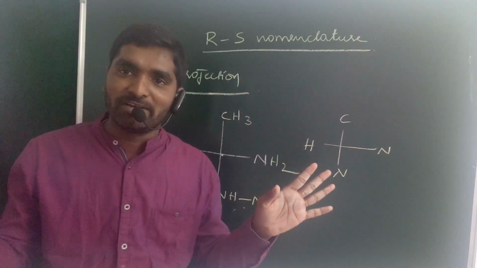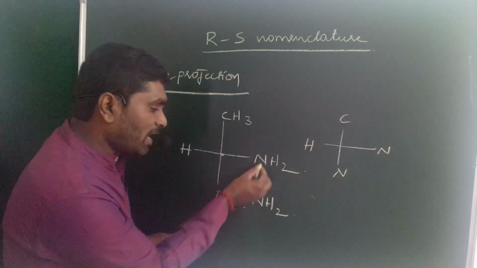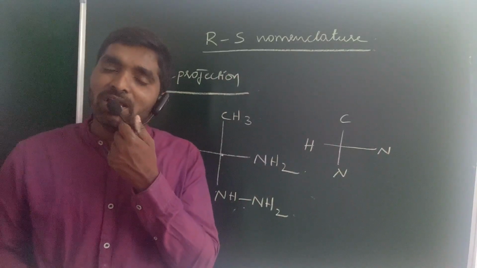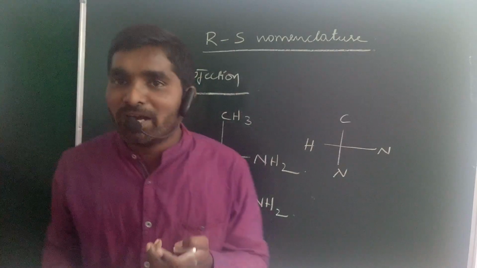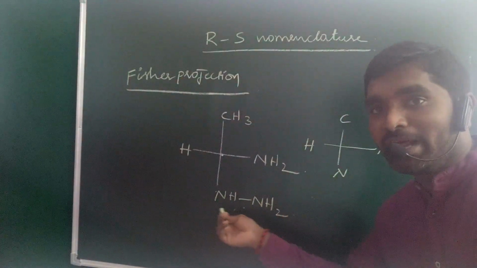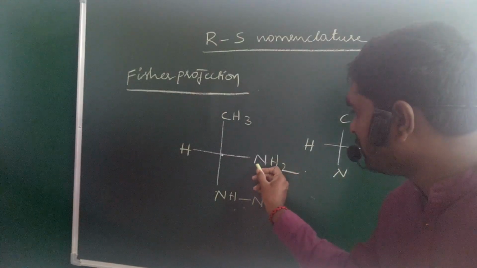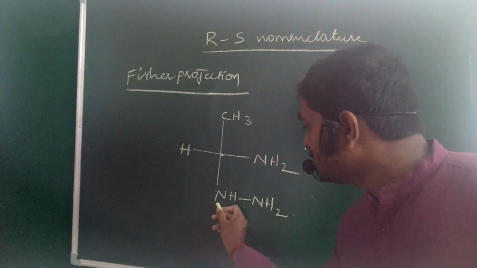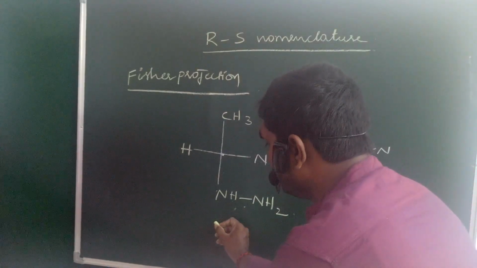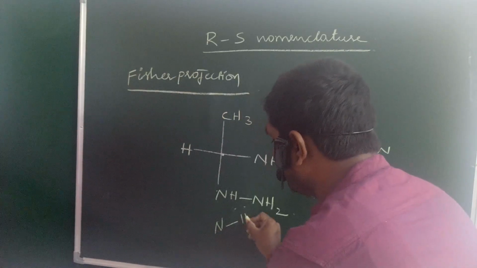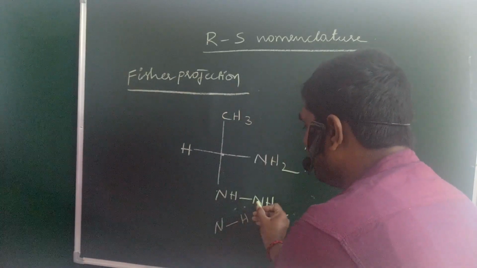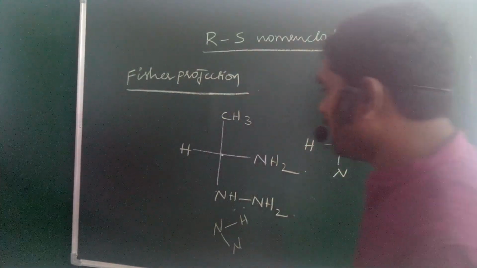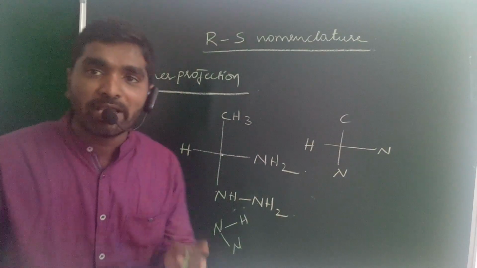First one is completed. Second one, both are nitrogen atoms. Among the nitrogen atoms, look at this one. This nitrogen may be bonded with two hydrogen atoms, but this nitrogen may be bonded with one hydrogen atom, and again this nitrogen may be bonded with another nitrogen atom. Okay guys?